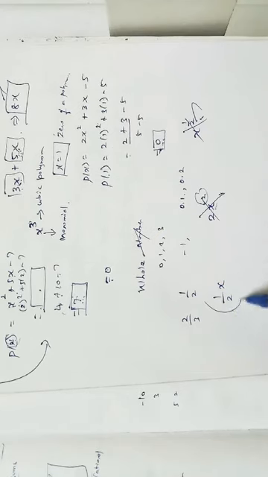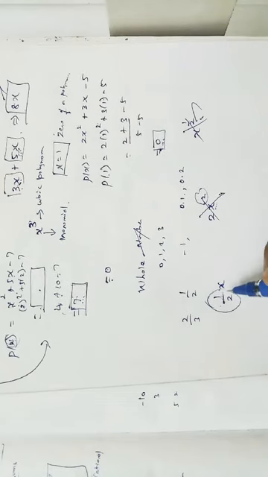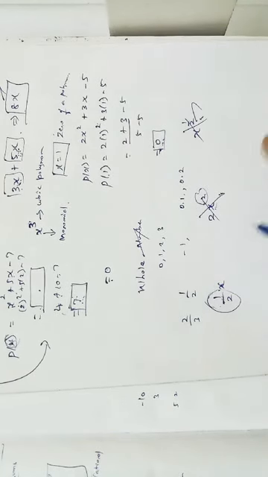The 1/2 is nothing but the coefficient. So we can't say this is not a polynomial by seeing the coefficient. Only by seeing the power can we say whether it is a polynomial or not.